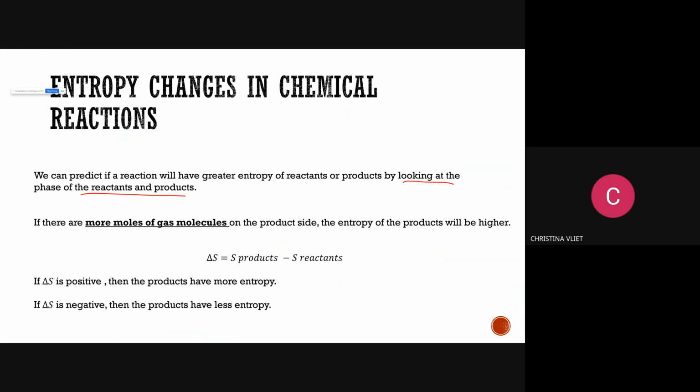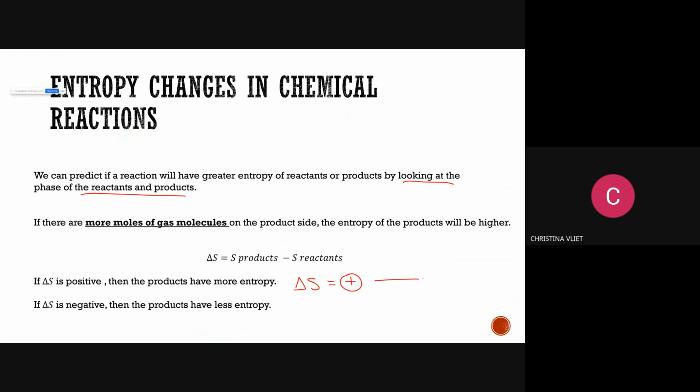Remembering that entropy is S, if delta S, which we define as products minus reactants, is positive, the entropy of my products is greater than the entropy of my reactants. So I have increased entropy.